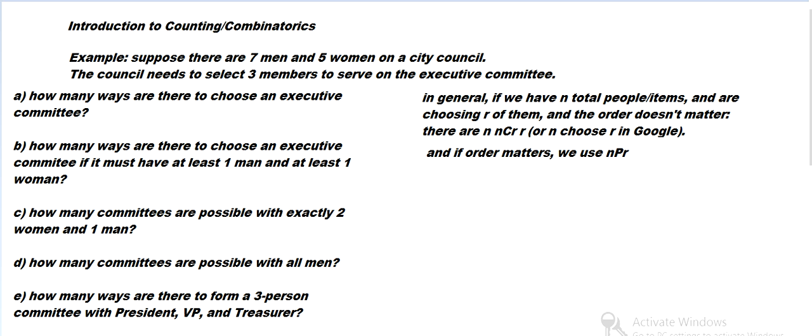For these questions, how many ways are there to choose an executive committee? Well, it doesn't say anything about the men and women. We're just picking 3 out of the total. So we've got 12 total, and we're choosing 3.